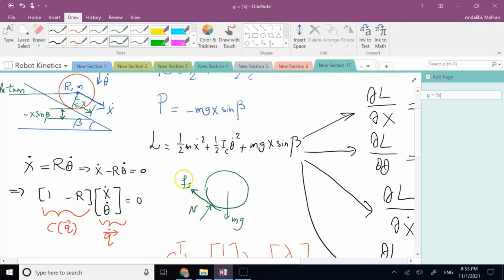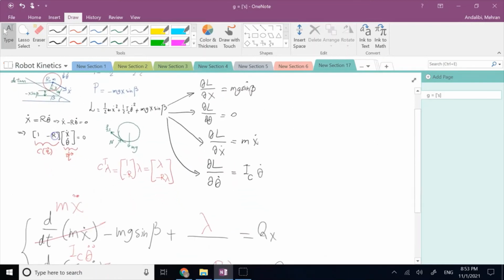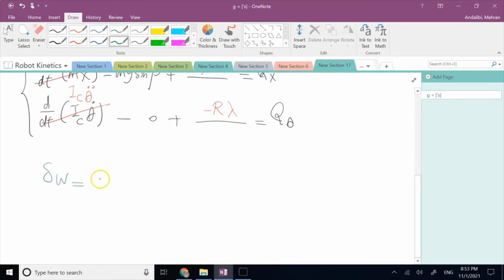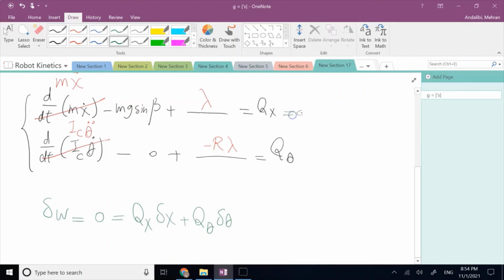N doesn't do any work, static friction doesn't do any work, and mg does. Correct? And mg's work is already considered in potential energy. So there is not really any force other than mg that is doing work, and mg is already considered. So the total virtual work is 0 here. And if that is equal to q of x times variation x plus q of theta variation theta, then clearly both of these are equal to 0.